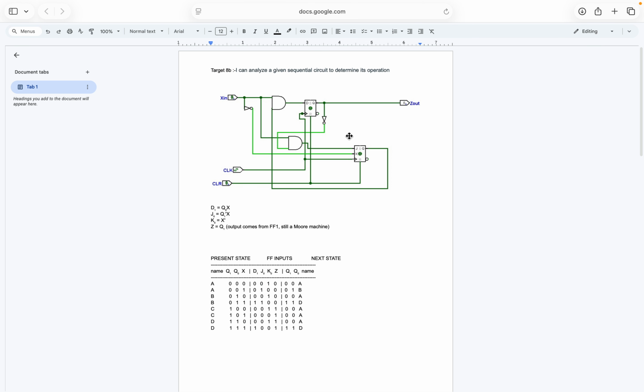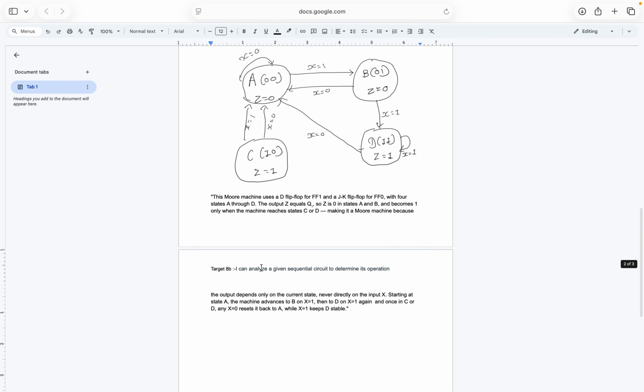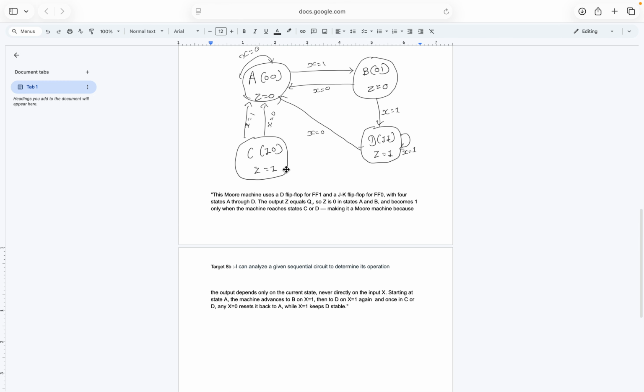So that was all from me. I have done the analysis of this circuit. We just have to take the equations first, then write the table, then draw the diagram and write the summary.